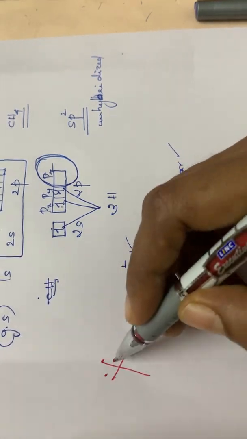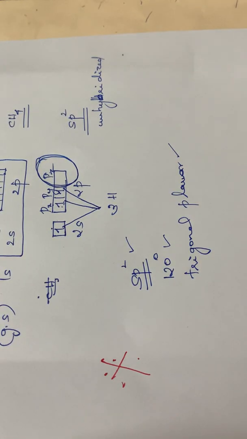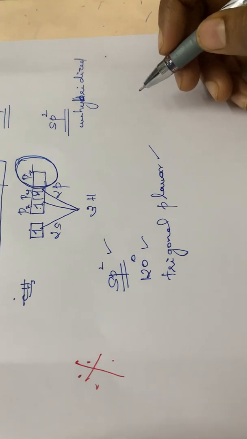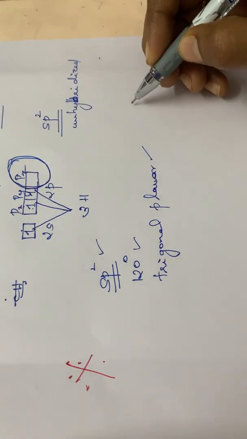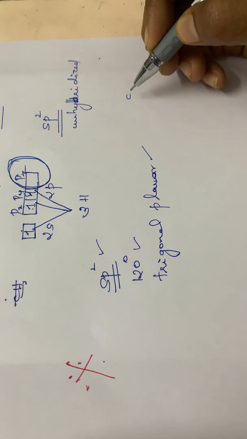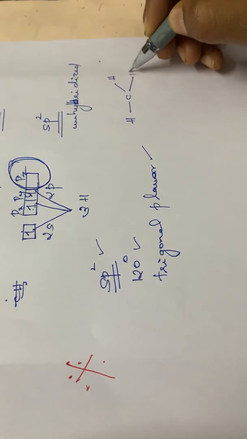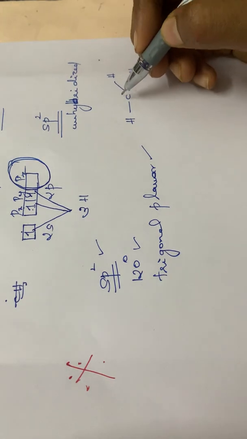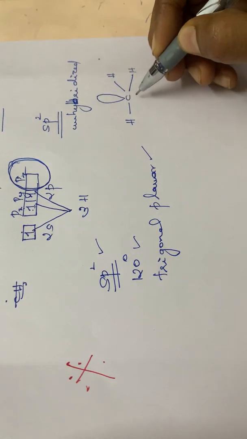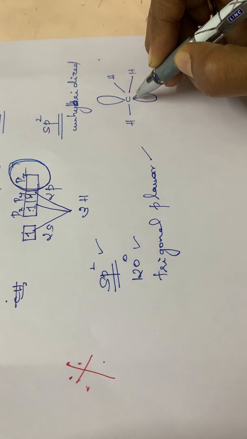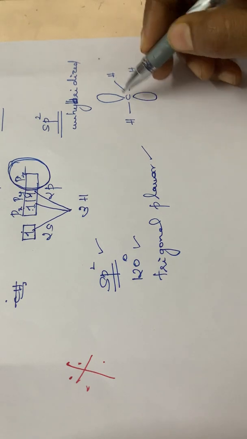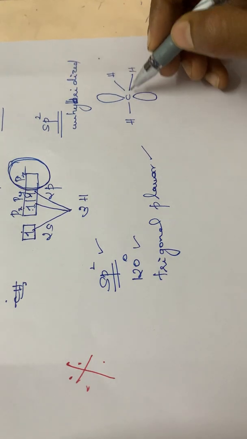This is a very important geometry of carbocation. So you have to study it, and while drawing the structure of this carbocation, it will be like this: 3 hydrogen atoms bonded, and 1 unhybridized p orbital. This unhybridized p orbital will be lying perpendicular to the plane of the molecule.